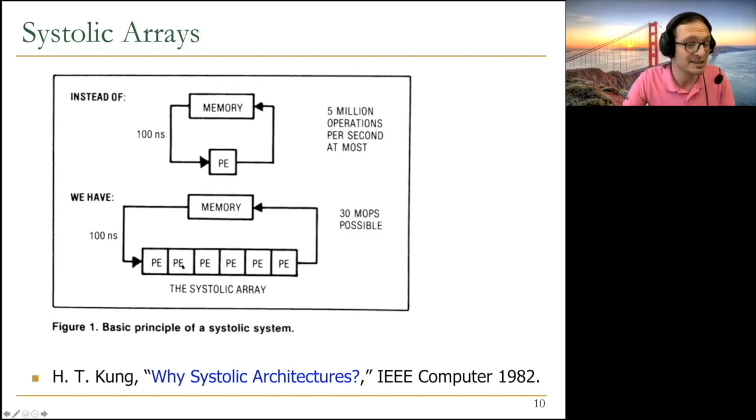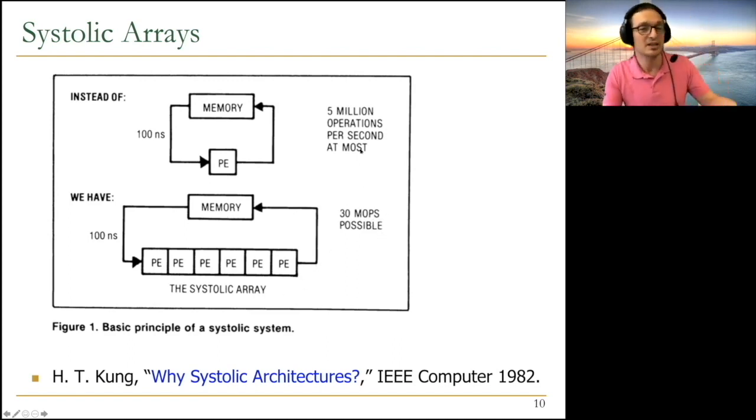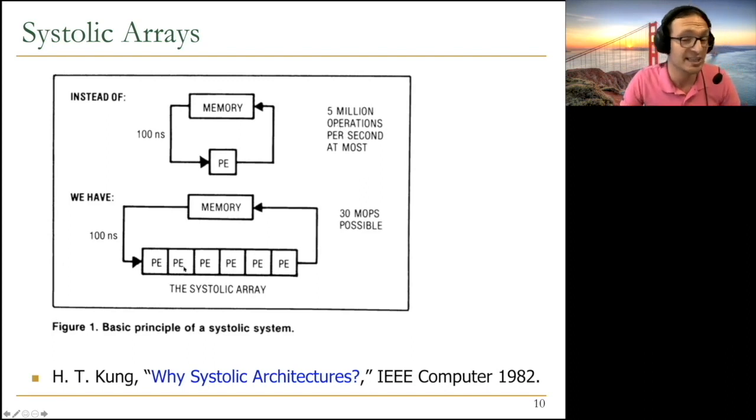This processing element does something to it, passes it on to the next processing element, etc. And you can see that the benefit over here is 30 million operations at that time, as opposed to 5 million operations, because you're using the data item 6 times, let's say, as opposed to going to memory 6 times for the same data item or transformed version of the data item. So that's the basic principle, to maximize the usage of a data item.